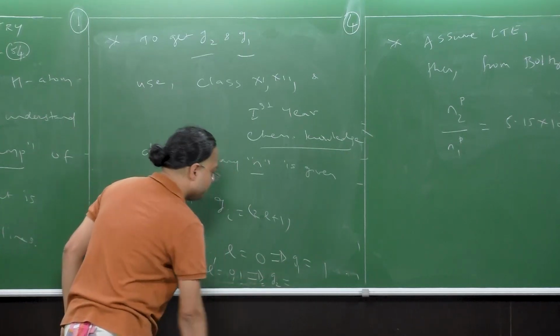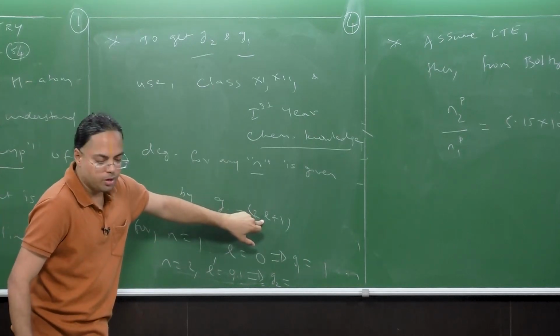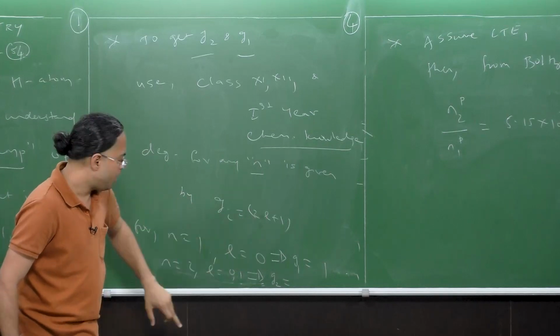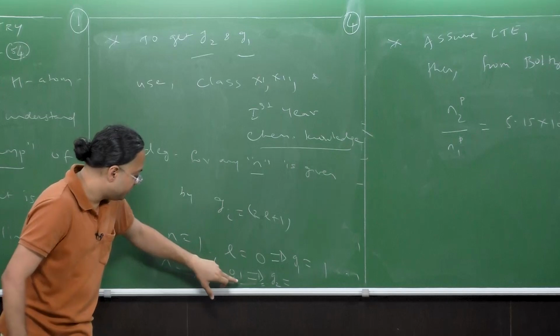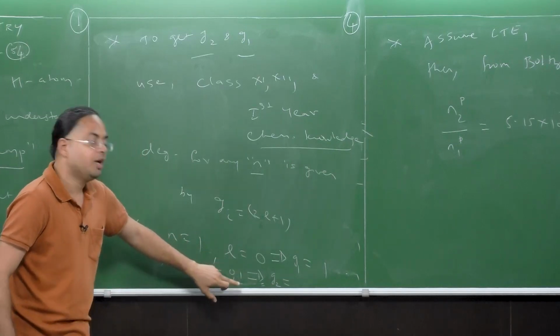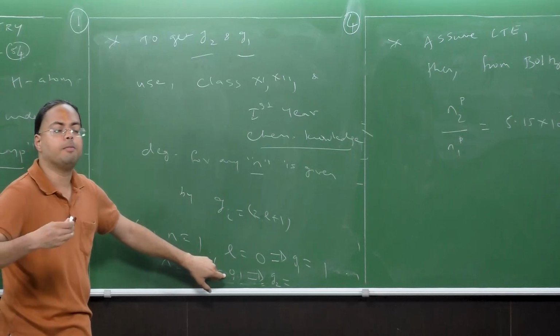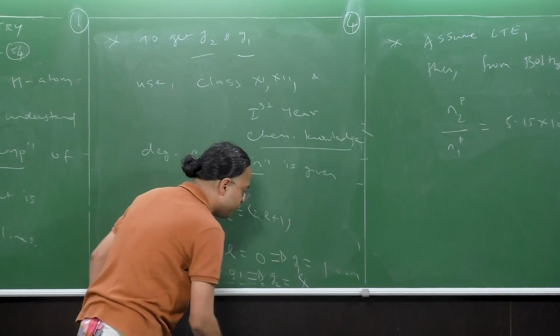This implies that my G2 is going to be 2 times L plus 1. Now, how many values of L are possible here? There are going to be 3 p orbitals, and there is going to be only one s orbital. So therefore, my G2 is going to be 4.